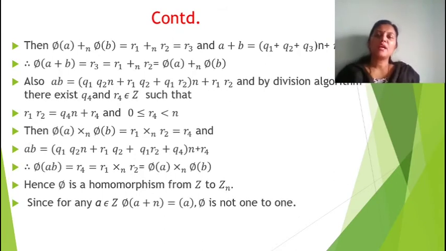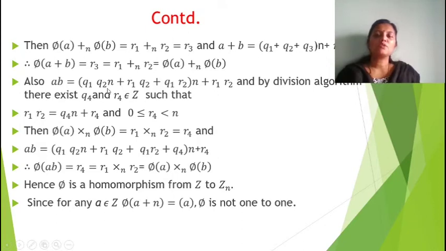Then phi of a addition modulo n phi of b is equal to r1 addition modulo n r2, which is equal to r3, and a plus b is equal to (q1 plus q2 plus q3) into n plus r3. Therefore phi of a plus b is equal to r3, which is equal to r1 addition modulo n r2, which is equal to phi of a addition modulo n phi of b.